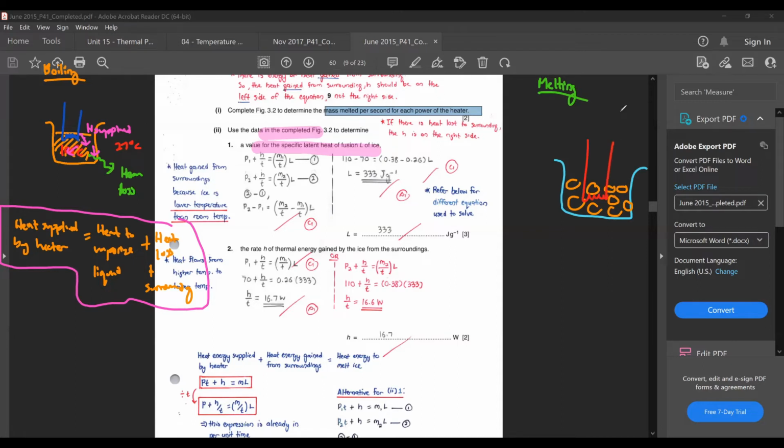Now, my ice by default would be at a temperature of 0 degrees centigrade, and the temperature of my surroundings will be 27 degrees. So when it comes to melting, the ice will gain heat energy from the heater. It will also gain heat energy from your surroundings. Heat gain from surroundings.